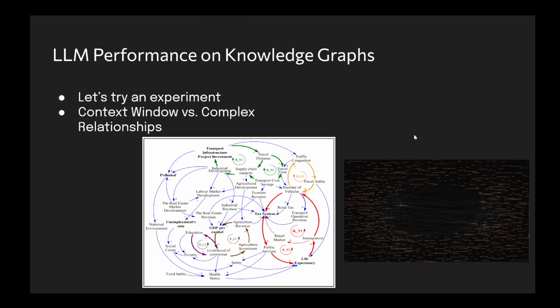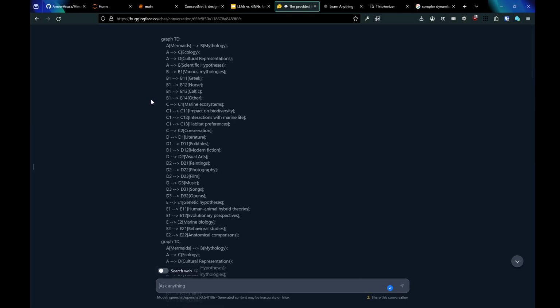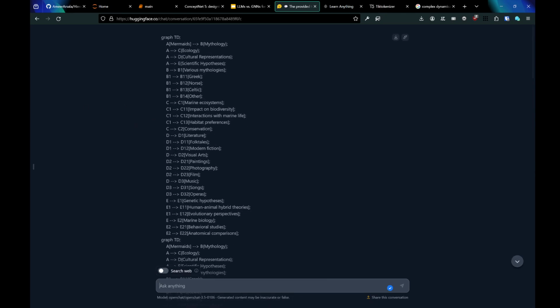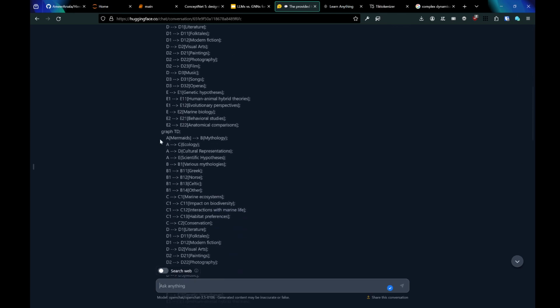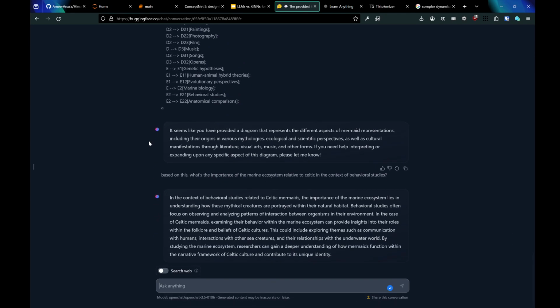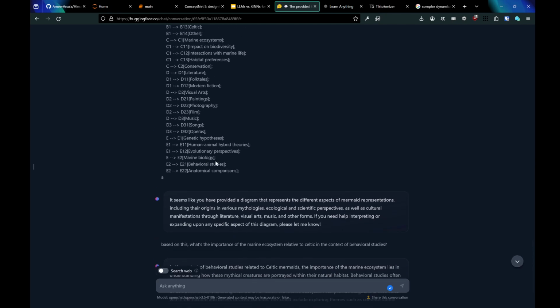As it turns out, I have a little chat window here. This is using OpenChat 3.5, and this is a mermaid diagram that I fed in as an input. I just fed it in a bunch of times, and there's a lot of complexity. Then I asked it a question based on three random things on this knowledge graph.